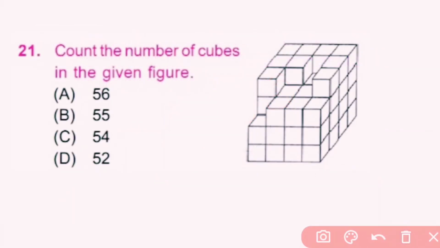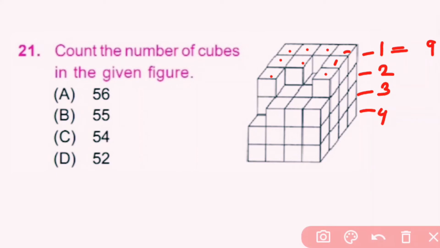Question number 21. Count the number of cubes in the given figure. In the given figure, there are 4 layers. This one first, second, third and fourth. In the first layer there are 1, 2, 3, 4, 5, 6, 7, 8, 9 cubes.